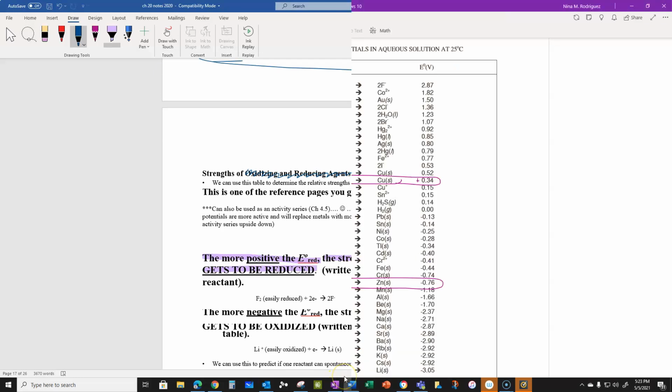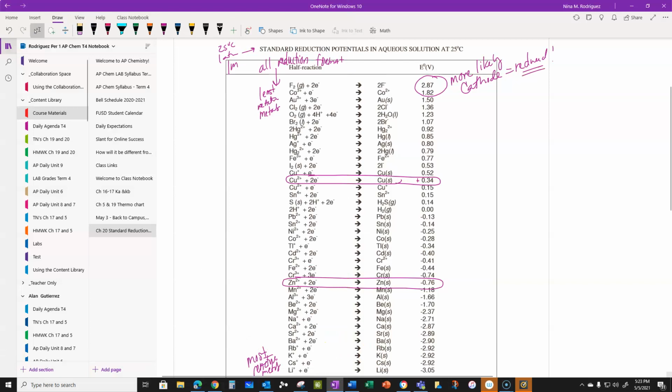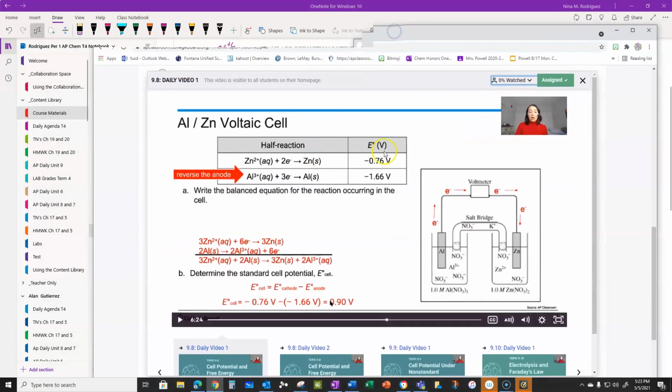So when you're looking at these positive values, the more positive it is, the more likely it will be the cathode, because it would prefer to be reduced. Even if they didn't give you this picture, the one that's more positive is going to be the cathode. And I know you're looking at two negative numbers, but who is the least negative?